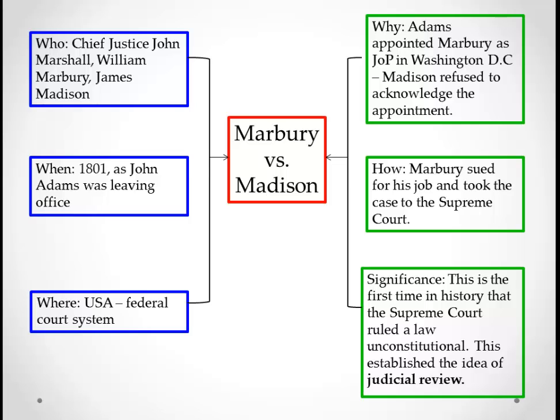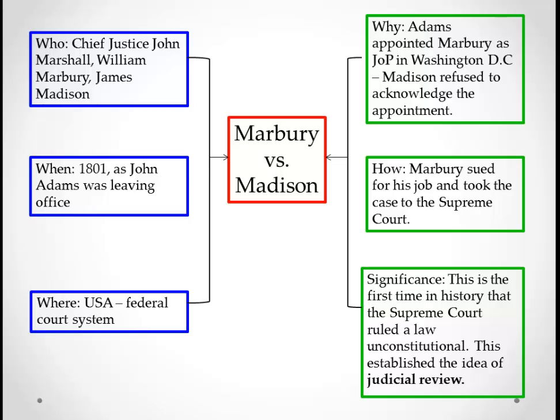Well, James Madison refused to even acknowledge the appointment because, according to James Madison, John Adams was no longer president, according to a law that they had. Well, William Marbury, who was promised this job, decided to sue James Madison and basically the government for his job. This case eventually made it to the Supreme Court.